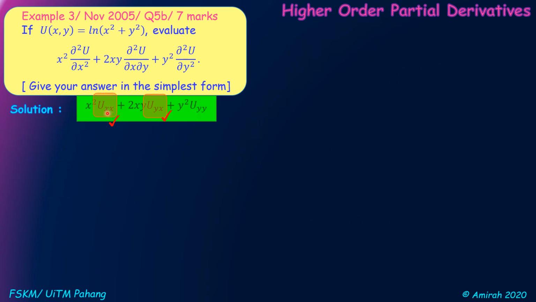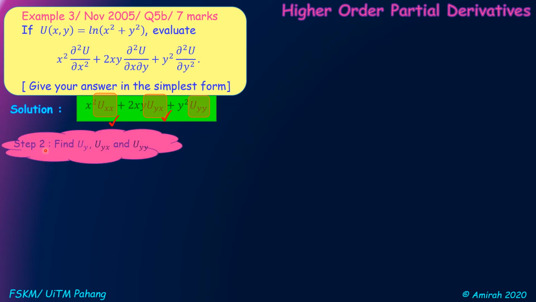From the previous slide, we found uxx and uyx. Now we need to find uyy. We are still in step 2, find uy, uyx and uyy. To find uyy, we differentiate uy.